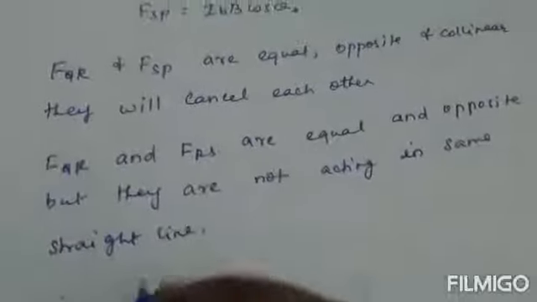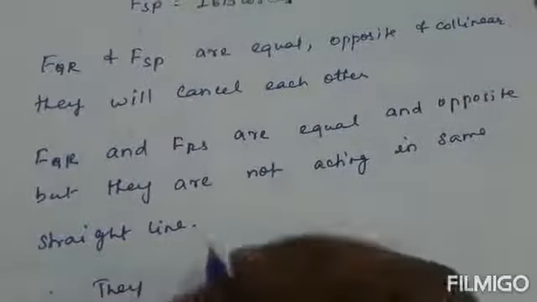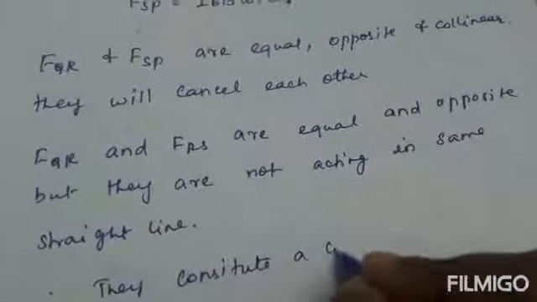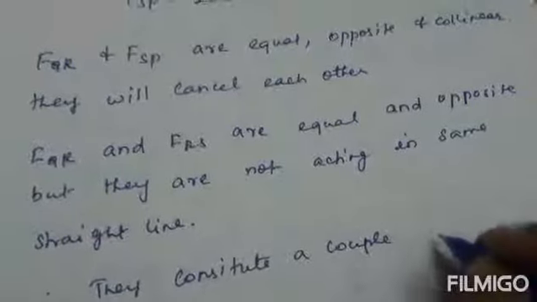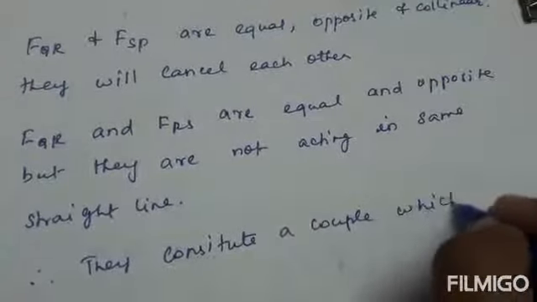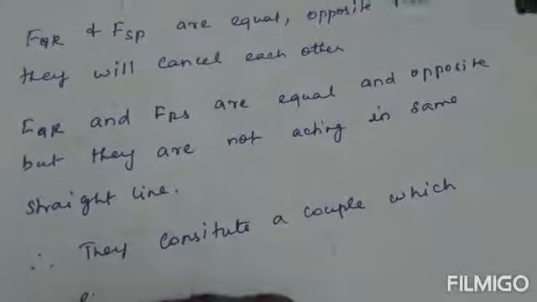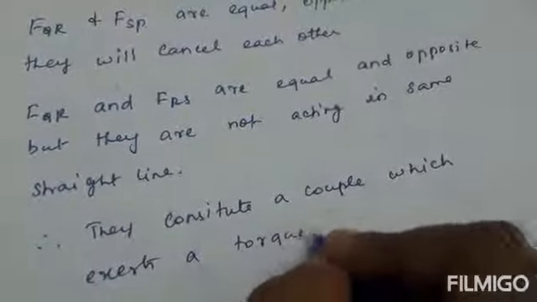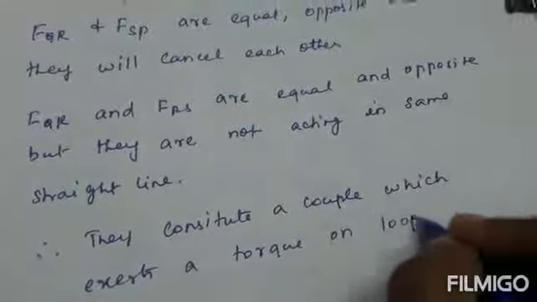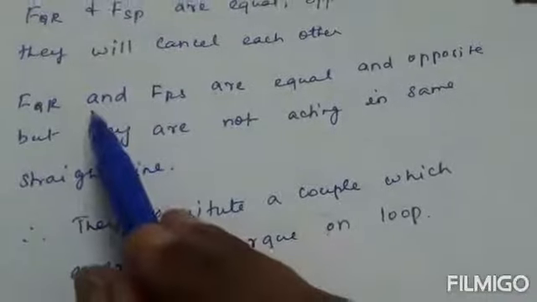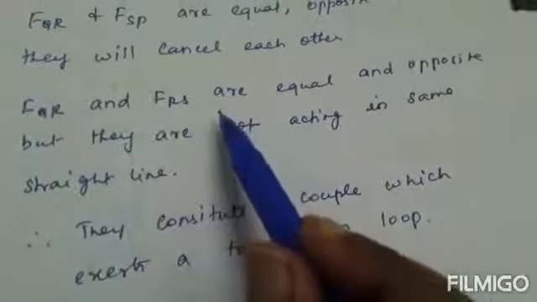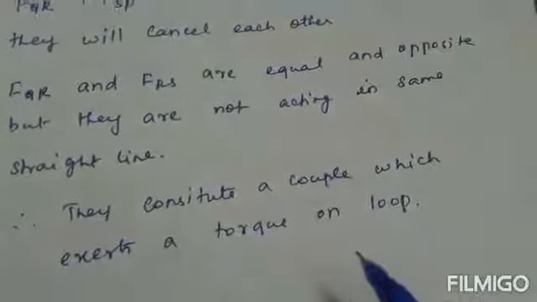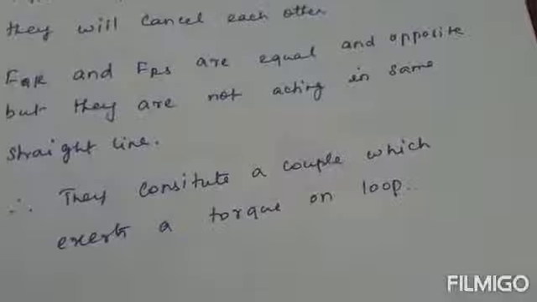Therefore, they constitute a couple, which gives a torque on the loop. Which forces are giving the torque on the loop? These two forces, F_PQ and F_RS. They constitute a couple and exert a torque on the loop.